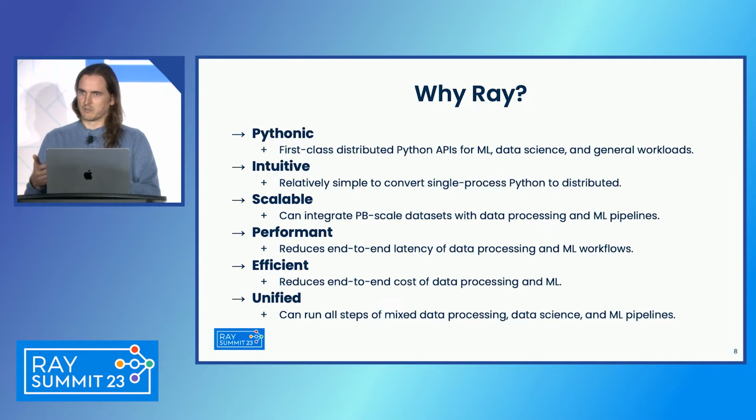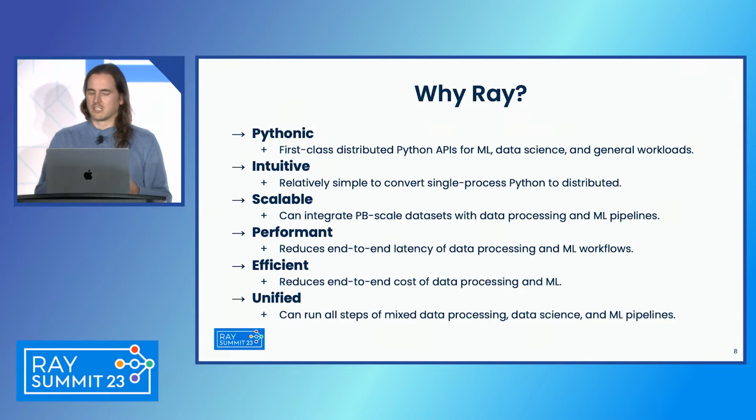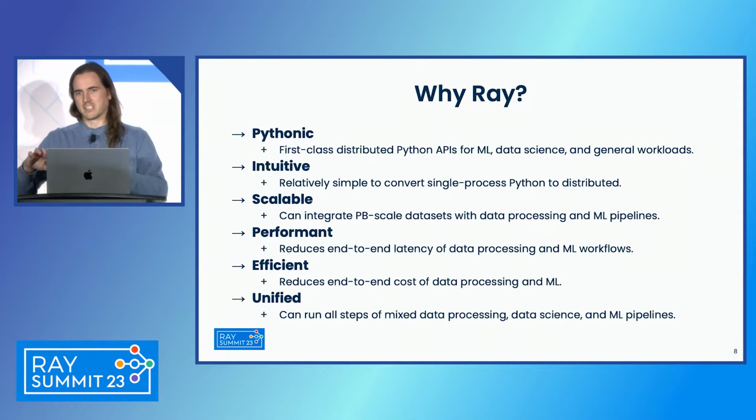Those of you that have worked with it, it's pretty much plain Python with dot remotes added in, and Ray remote annotations, stuff like that. And it was very scalable. That's what we were looking for, performant, efficient, and potentially unified. We saw a potential here that we could do more than just ML with it, that we could start to run large segments of our data processing pipelines end-to-end, potentially using a single distributed compute fabric.